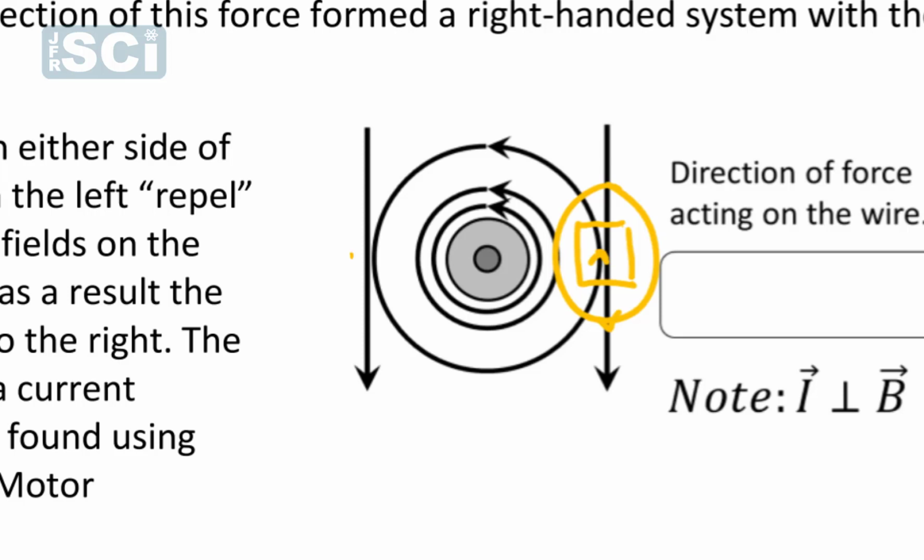So that means that with this wire here, this magnetic field line acting downward, and this magnetic field line coming counterclockwise, they're going to repel each other. And you're going to get a net force from this side of the wire acting towards the right. And we just talked about how this side they cancel out, which means that the field lines will kind of push towards the right as well.